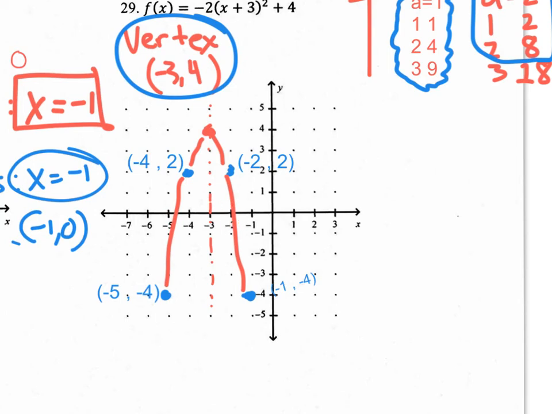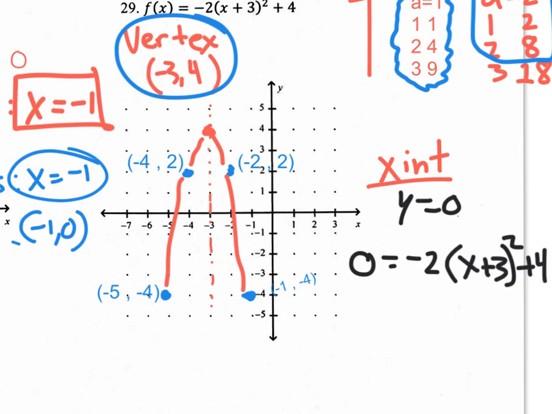What we need to do is understand what zeros are. Zeros are X-intercepts. And how do you find an X-intercept? You must set Y equal to 0, and you need to solve. So what we're going to do is take the above equation and say that 0 equals -2 parentheses x plus 3 squared, plus 4.